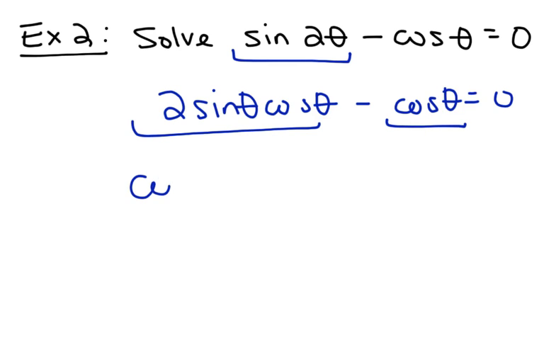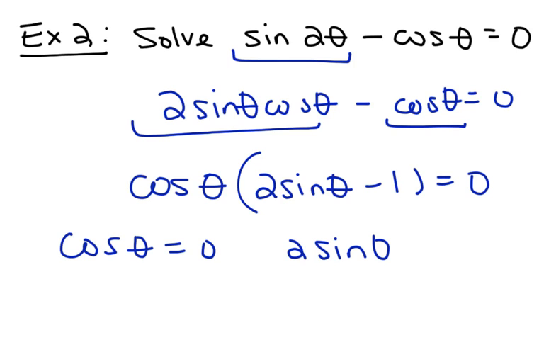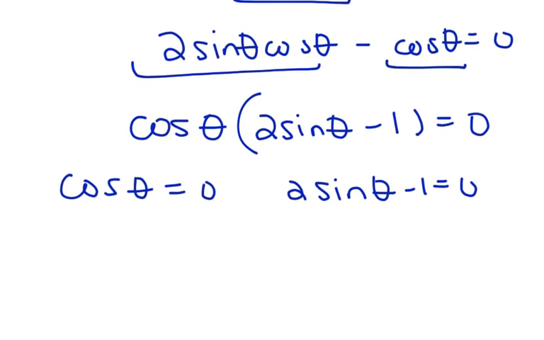So how about I factor out that common factor of cosine theta? And I'm left with 2 sine theta minus 1. Now I can solve this using the zero product property. And I kind of feel like this is the exact same problem from the last section, except that instead we just told you what sine 2 theta was, and it probably is.